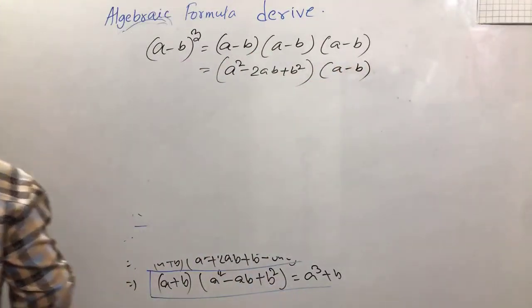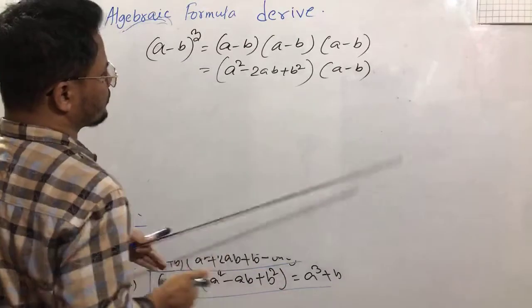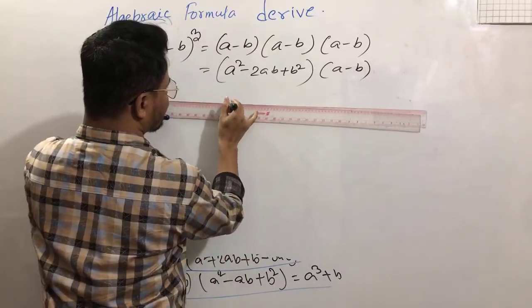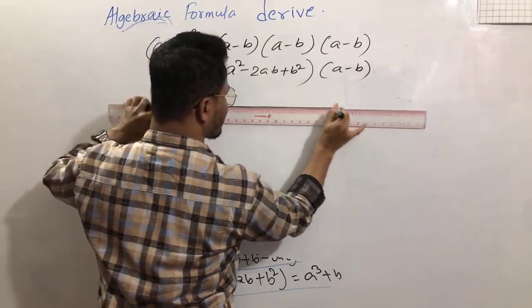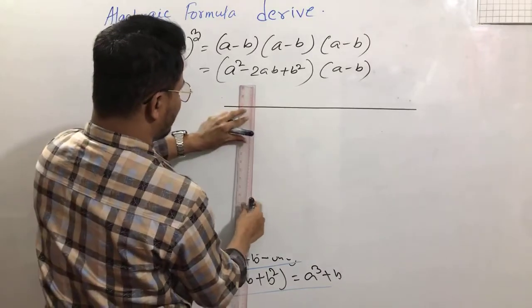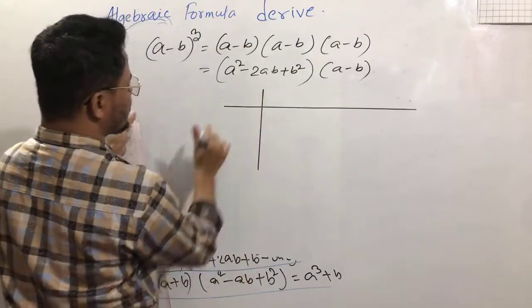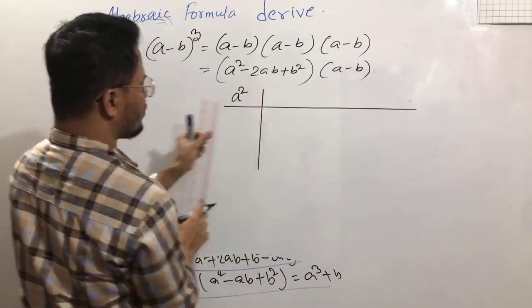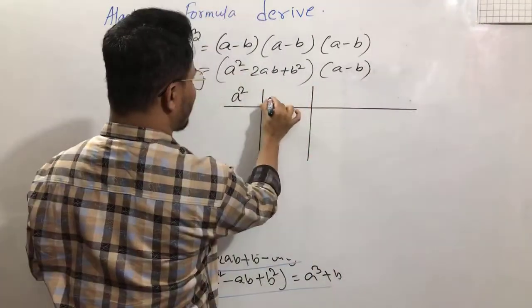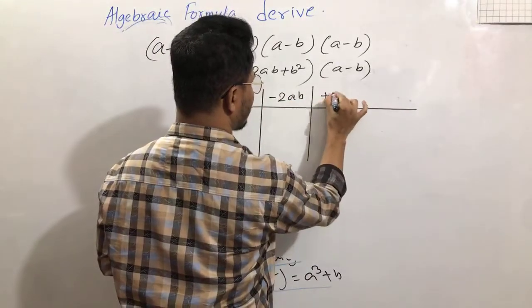Now if we make the relation like this, one, 2 and 3. So this is plus 1, this is the a square, this one is minus twice ab, this one is plus b square.